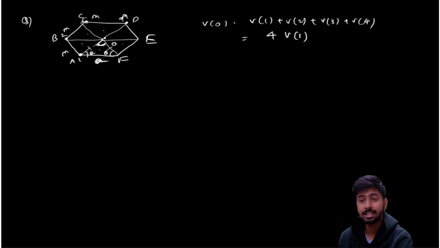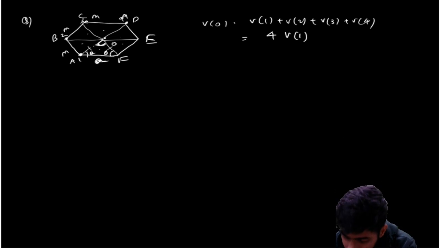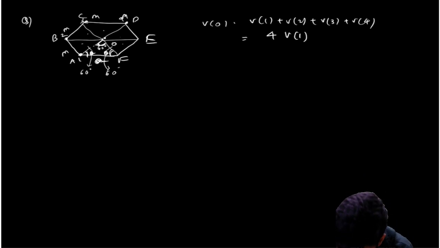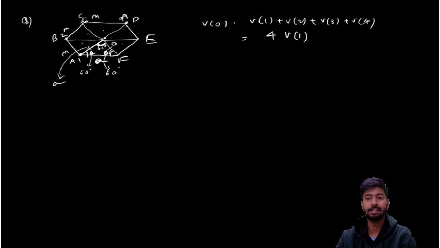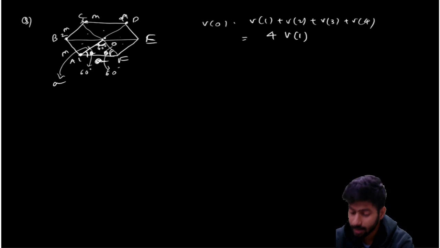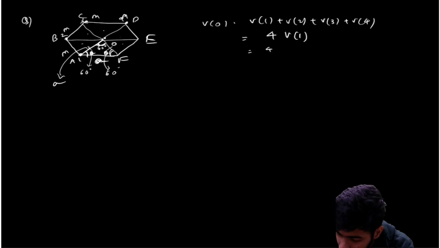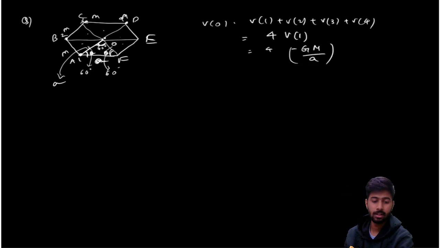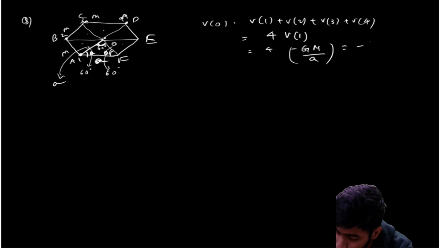So this is 1/6 of 360, that means it is 60 degrees. And these two have to be the same, so they also have to be 60. That means this is an equilateral triangle, so this side also has edge length A. So you have a mass and a point, and the distance between them is A. The potential due to 1 is simply minus Gm by A. You just need to multiply this by 4 to get the net potential. It's minus 4 Gm by A.